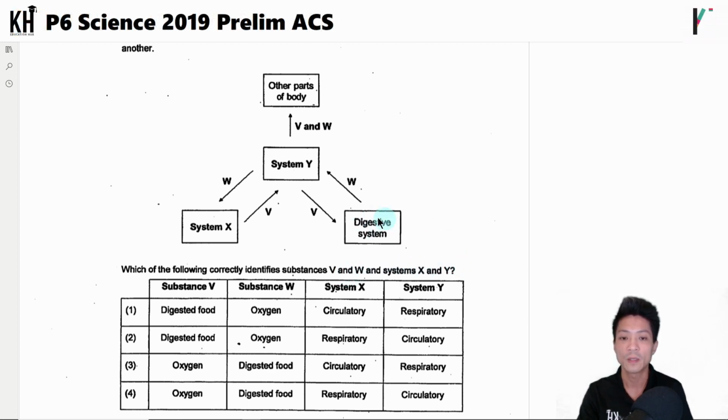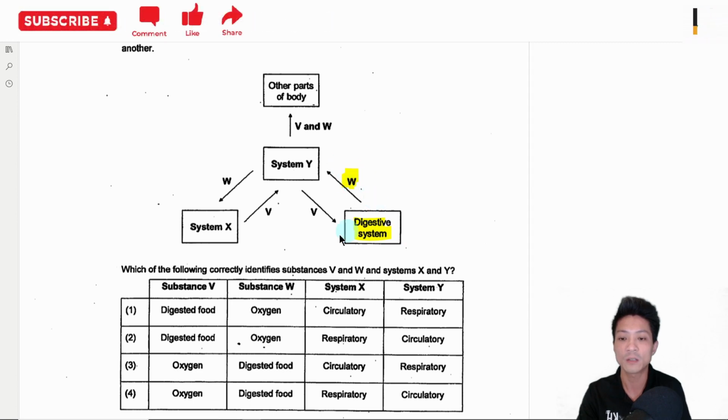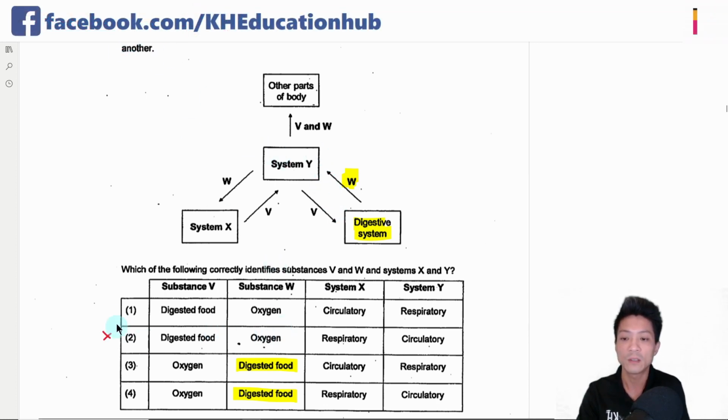Okay, so this is the digestive system, right? So if this is the digestive system, that means the one that's coming out of W will probably be digested food, right? Okay, digested food. So which means that we can eliminate 1 and 2. I'm not gonna look at 1 and 2 anymore.